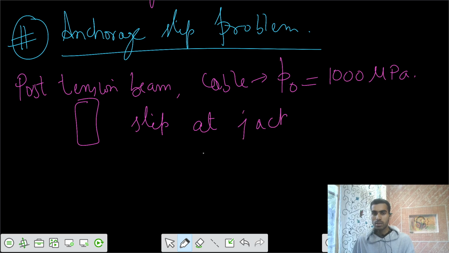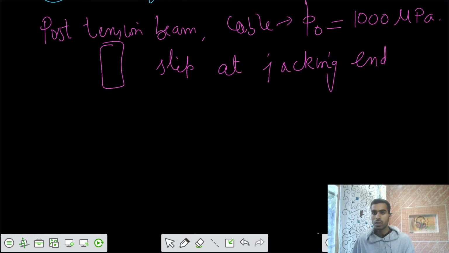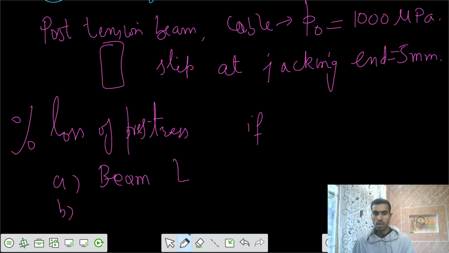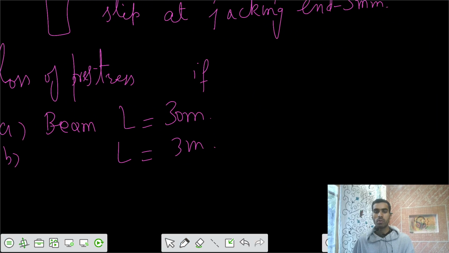The slip is 5 millimeters, and we need to calculate the percentage loss of pre-stress if the beam has a length of 30 meters and if the beam has a length of 3 meters. So we have two different cases. One beam is short and one beam is long. This is the short beam and this is the long beam.